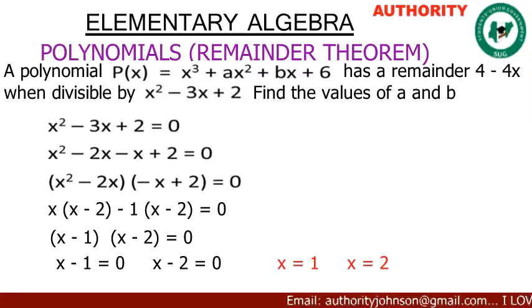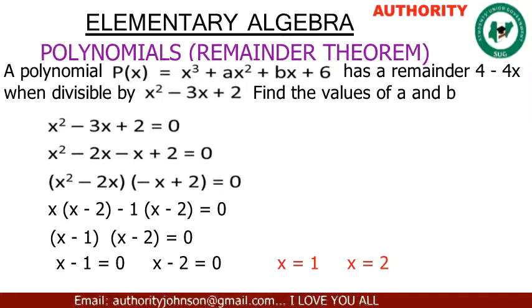From here we can see clearly that we have the same thing in our two brackets. We're going to pick one and then pick the values outside the bracket. If we do that, we're going to have x minus 1 in bracket x minus 2 equal to 0. Now we're going to have x minus 1 is equal to 0, and x minus 2 is equal to 0. Then we make x the subject.